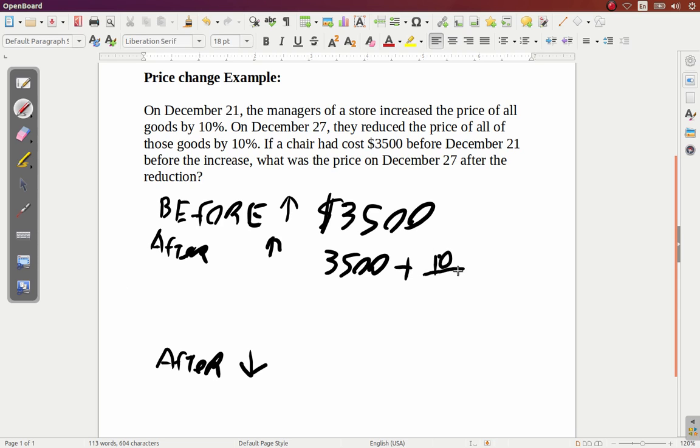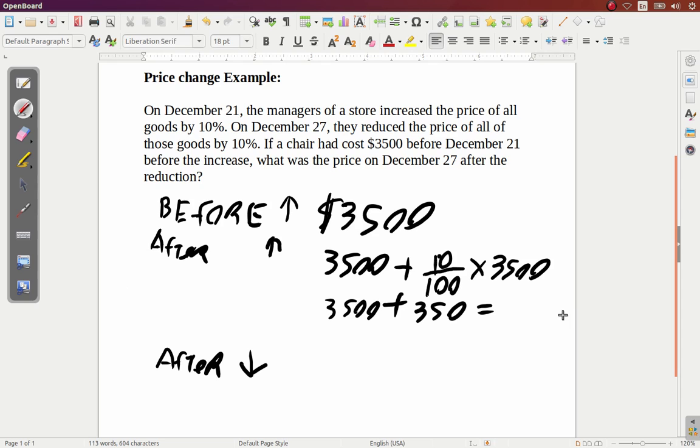So it's 10, per means out of, cent means 100, of means multiply, 3,500. So you're looking at 3,500 plus 350.